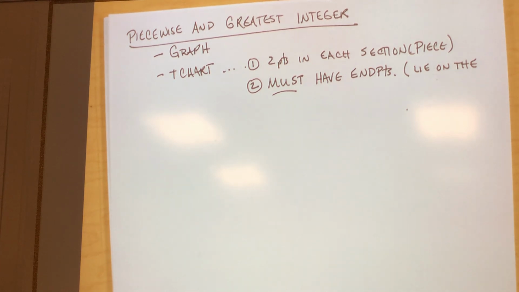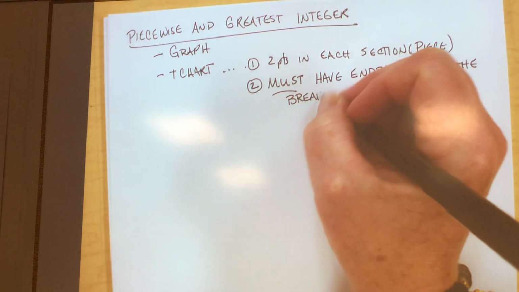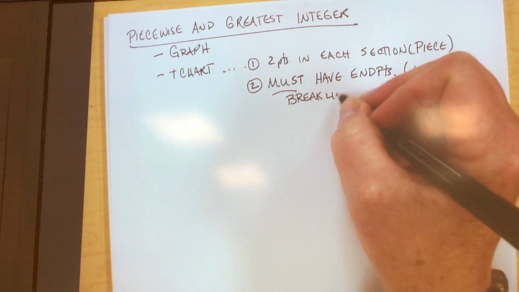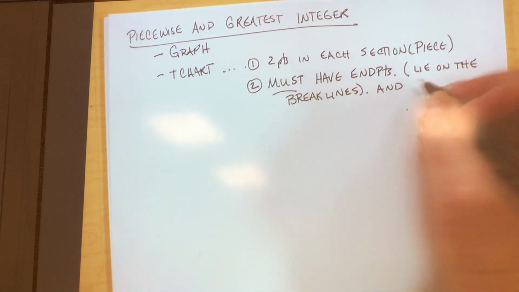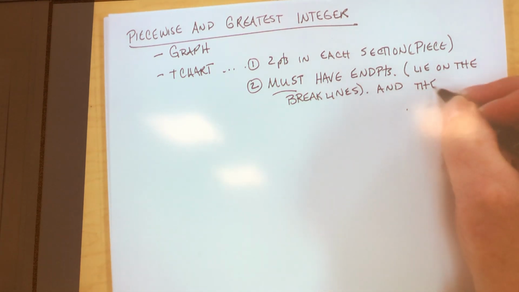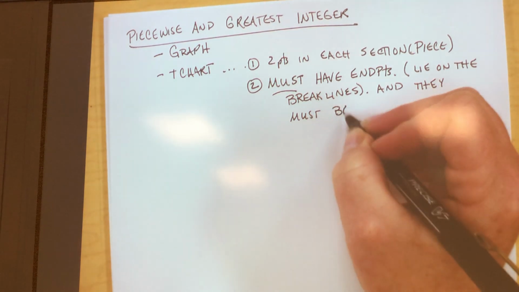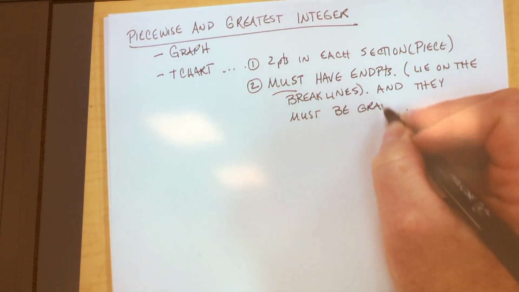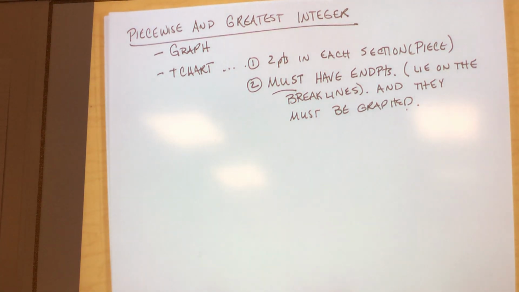They will lie on the break lines, which we will draw. And they must be graphed. Have to graph the endpoints. Okay? Have to graph the endpoints.